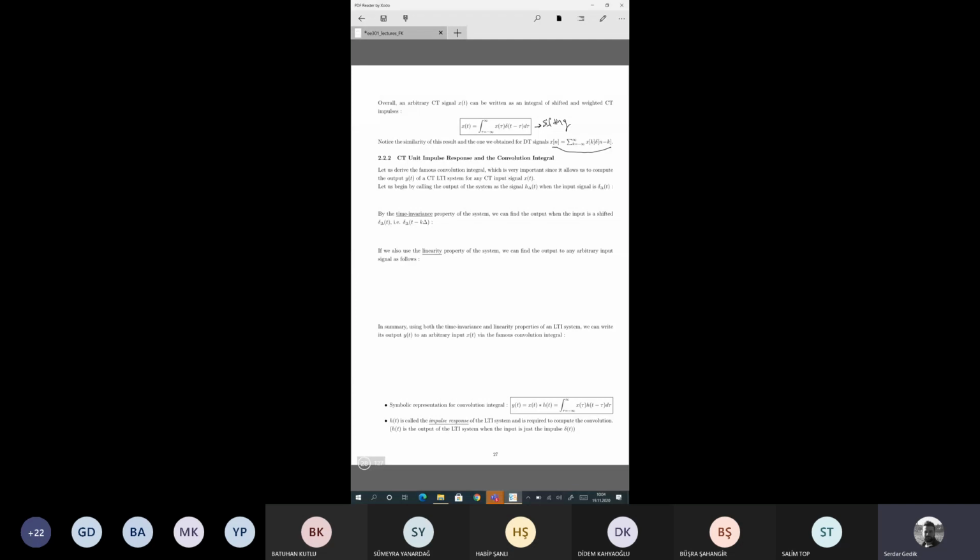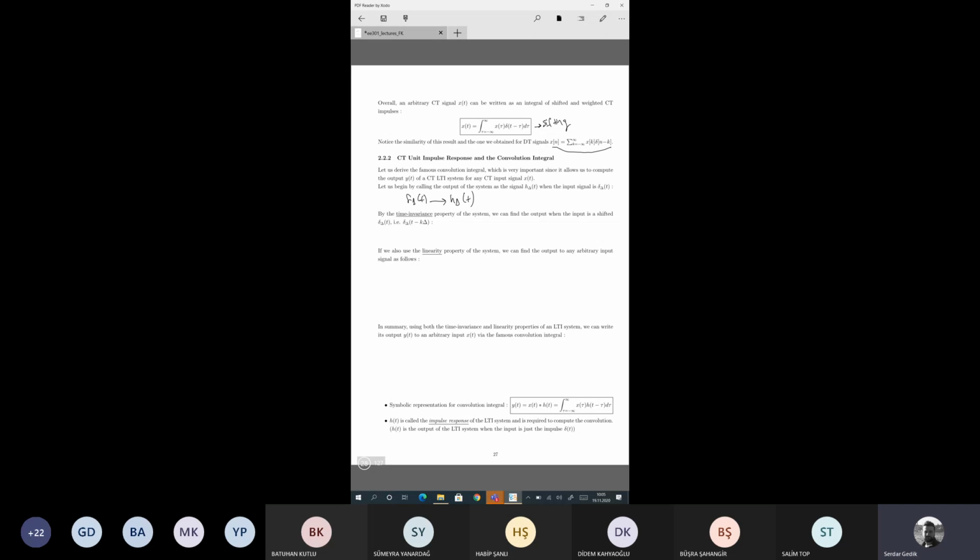Now we will try to find the outputs for any signal, let's say x of t. In order to do this, first I will define impulse delta t. If you have impulse delta t at the input, assume that you have h delta t at the output.